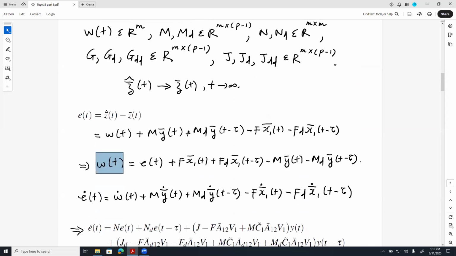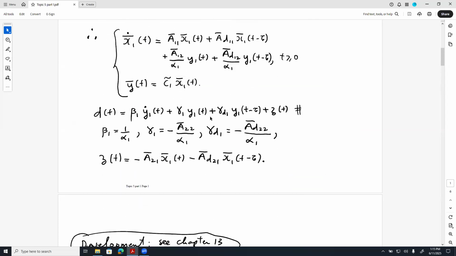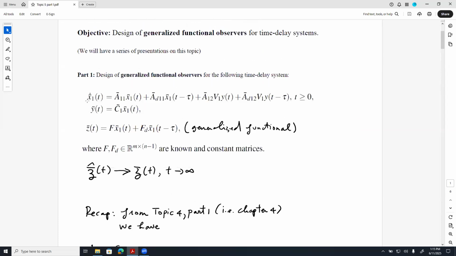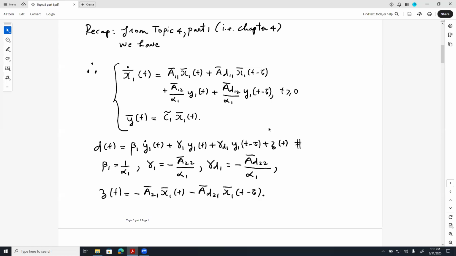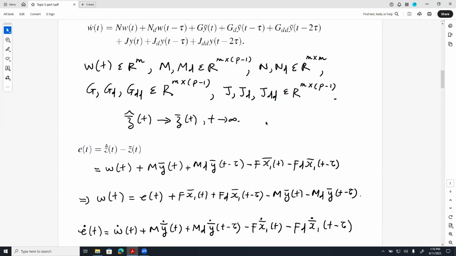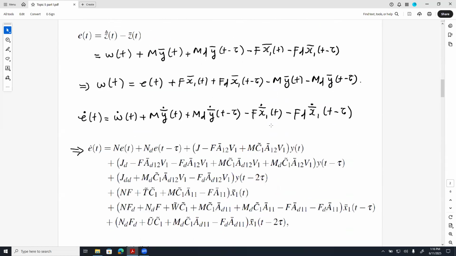And then also take into account the expression for y bar dot of t, which we can get by taking the differentiation of this thing, and it becomes x bar 1 dot t, where you can substitute this entire expression in there. So that's how we go about obtaining the error dynamic equation.